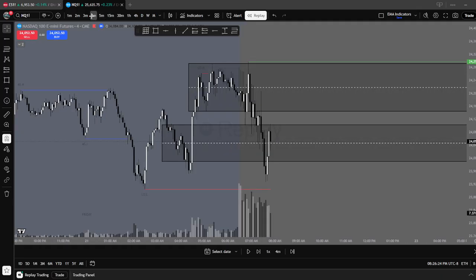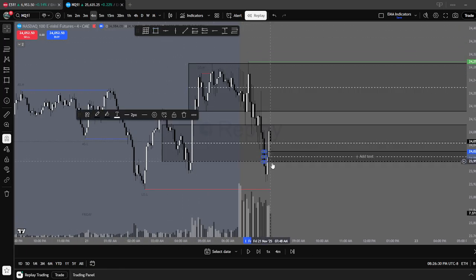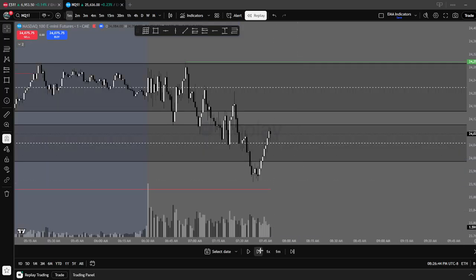Okay, now we need to find an inversion. We have this 4 minute. Actually, let's see. I'd like to see a push out of the PD array first. I close above if possible.